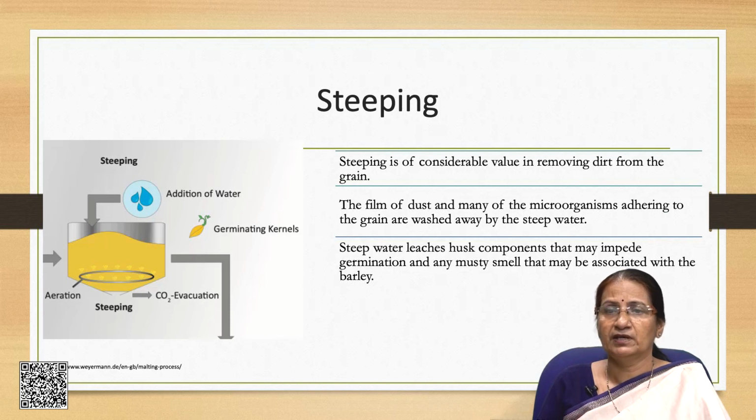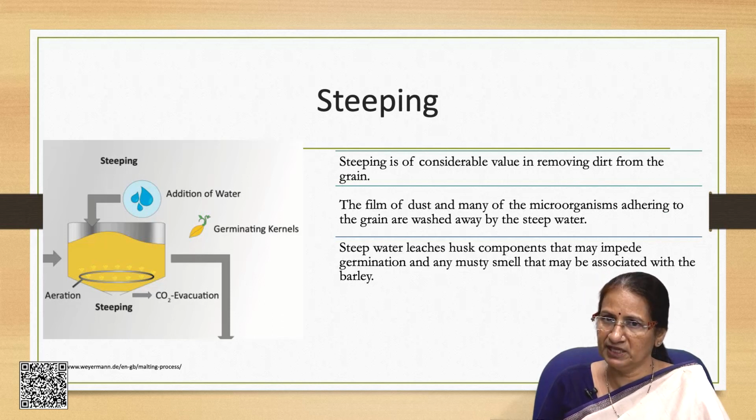Steep water leaches husk components that may impede germination, and any musty smell that may be associated with the barley, and possibly some components that prevent proper flocculation of yeast.